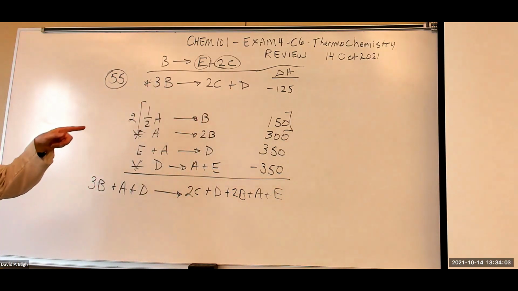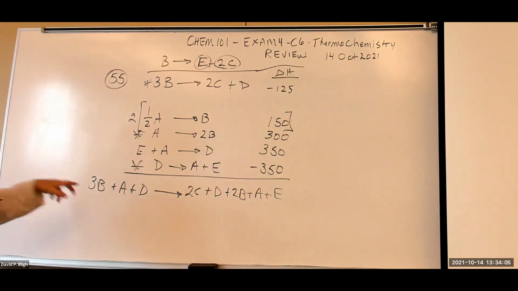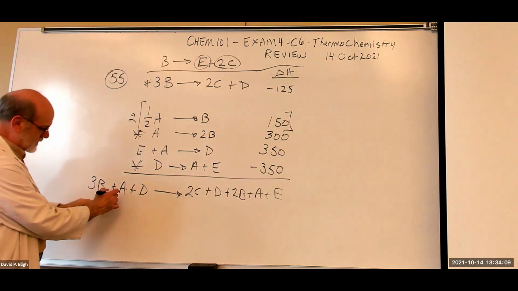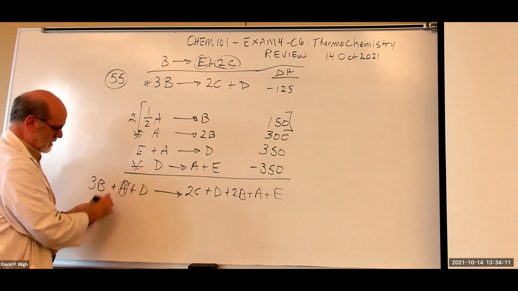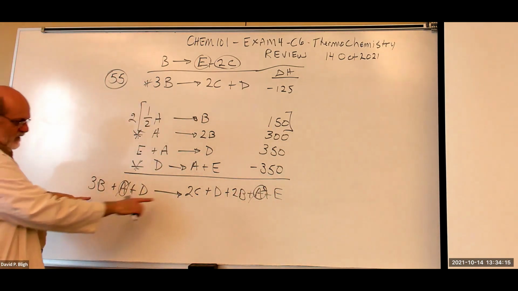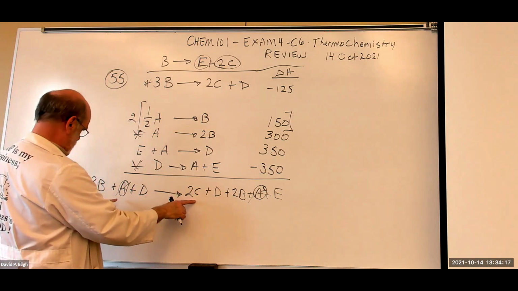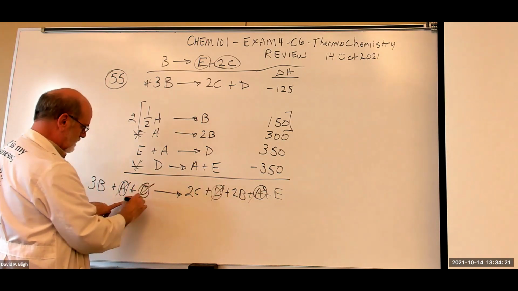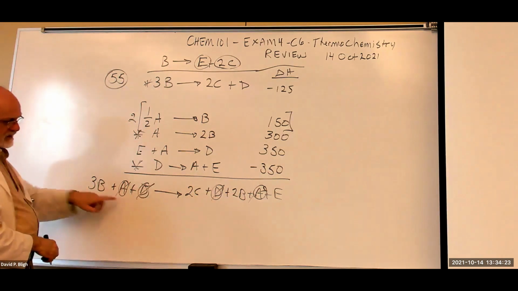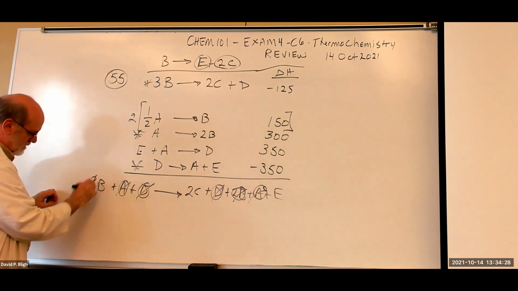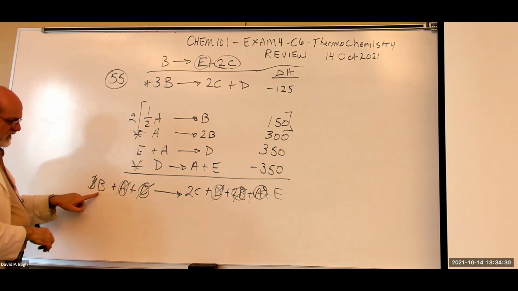Now, I'm not going to add the enthalpies yet because I got to be sure that this equation matches that one. Okay, so we got an A on this side, A on this side. Okay, we got D on this side and D on this side. They cancel. Then we've got two B's on this side, and that makes one B on this side.